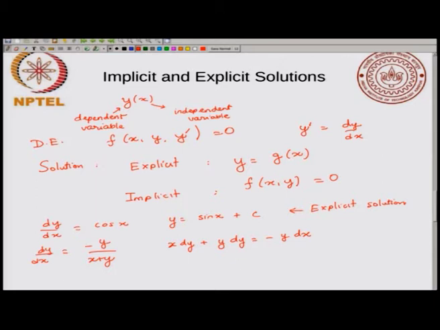So, you will have something like x dy plus y dx plus y dy equal to 0, and what you realize is that this is just d of xy. When you integrate this, you can show that xy plus y square by 2 equal to 0, since y dy is d of y square by 2. So, this is an implicit solution.